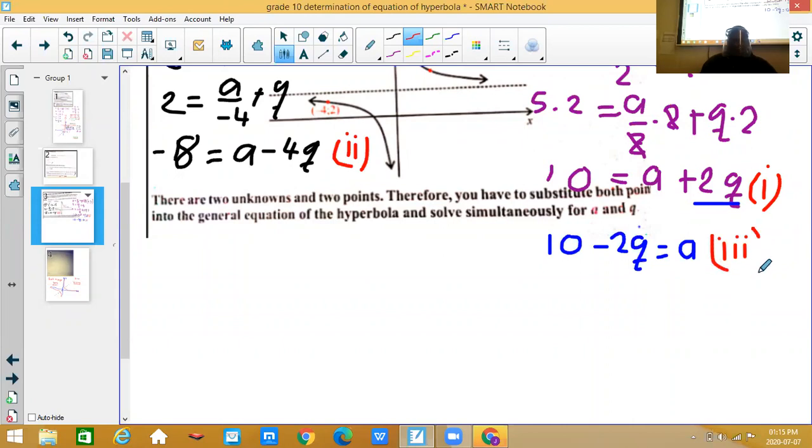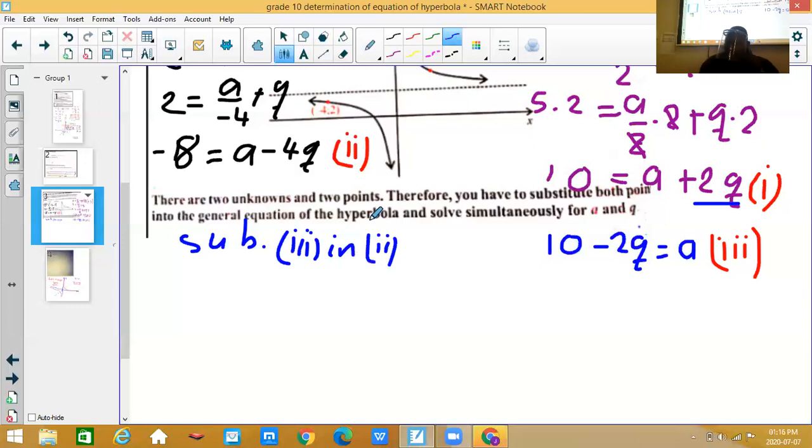Now, what you need to do is substitute. You substitute in which equation? In 2, right? We substitute equation 3 in equation 2.